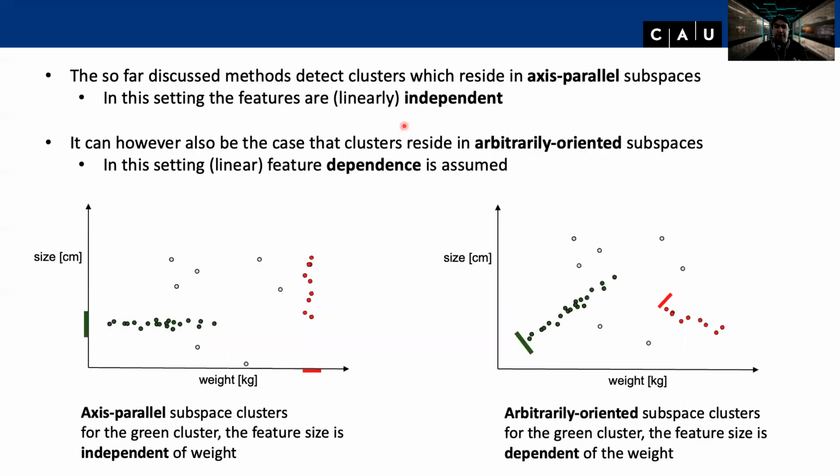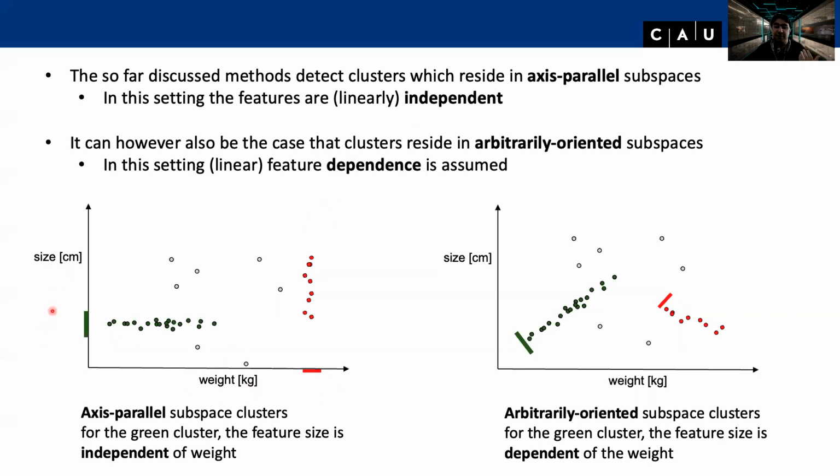So the methods that we have so far talked about, this axis parallel subspace clustering, as the name already tells us, detects clusters which reside in subspaces that are axis parallel. If you look at the left figure, we've got on the horizontal axis the weight and on the vertical axis the size.